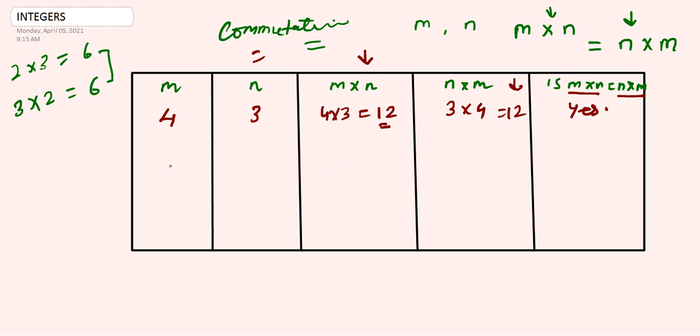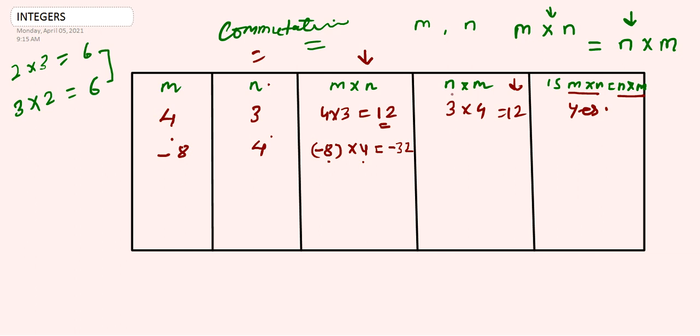Okay, then for example, minus 8 into 4, value of M is minus 8, value of N is 4. So M into N means minus 8 into 4. So only one negative sign here, and as you know, 8 4s are 32 and one negative sign, so minus 32.